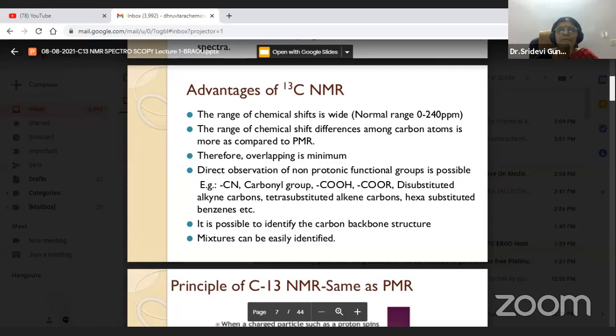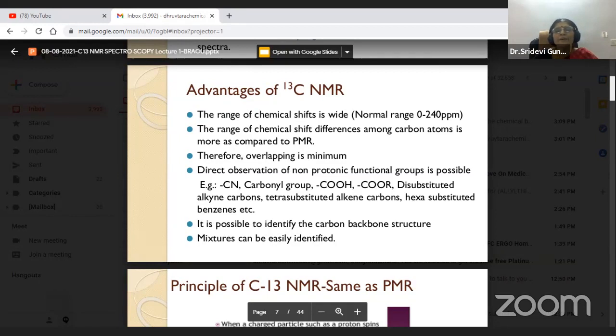Normally it is 0 to 10, 0 to 12 for aldehydes, carboxylic acids, etc., but not more than that. So all the protons of many organic molecules, which have different types of protons, have their chemical shifts fall in that small range only.